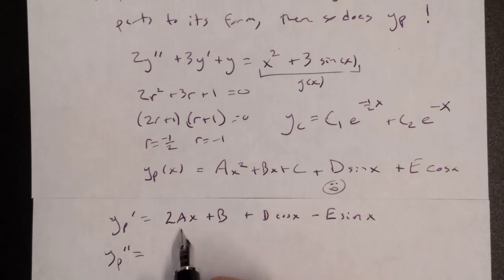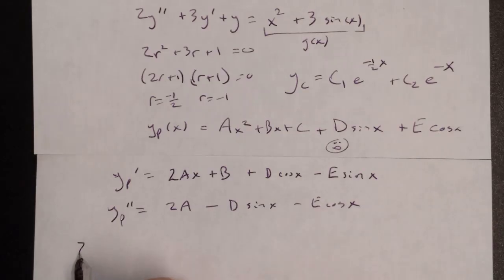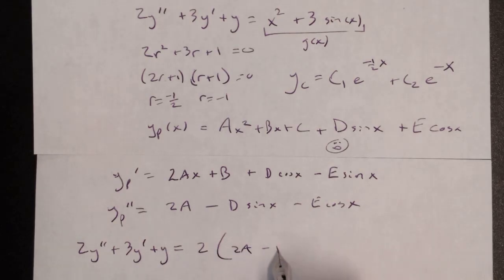Second derivative: derivative of 2ax. Derivative of cosine is minus sine. Derivative of sine is cosine. Those get plugged back in. 2y double prime plus 3y prime plus y. Two times this sucker: 2a minus d sine x minus e cosine x.